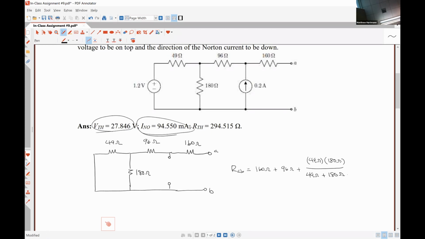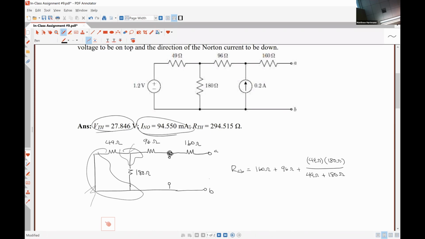Everybody see what I just talked about? Yes, sir. So the 160 and the 96 are in series because they share the single point of interconnection. The 49 and the 180 are in parallel because they share this node and this node. And then as we follow everything around, we have 160 plus 96 plus the parallel combination.